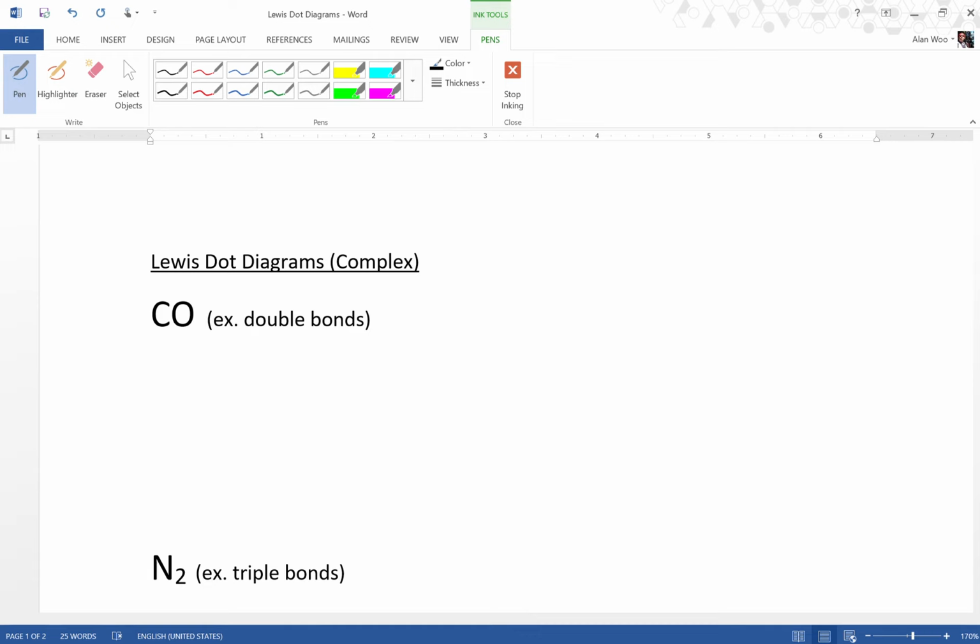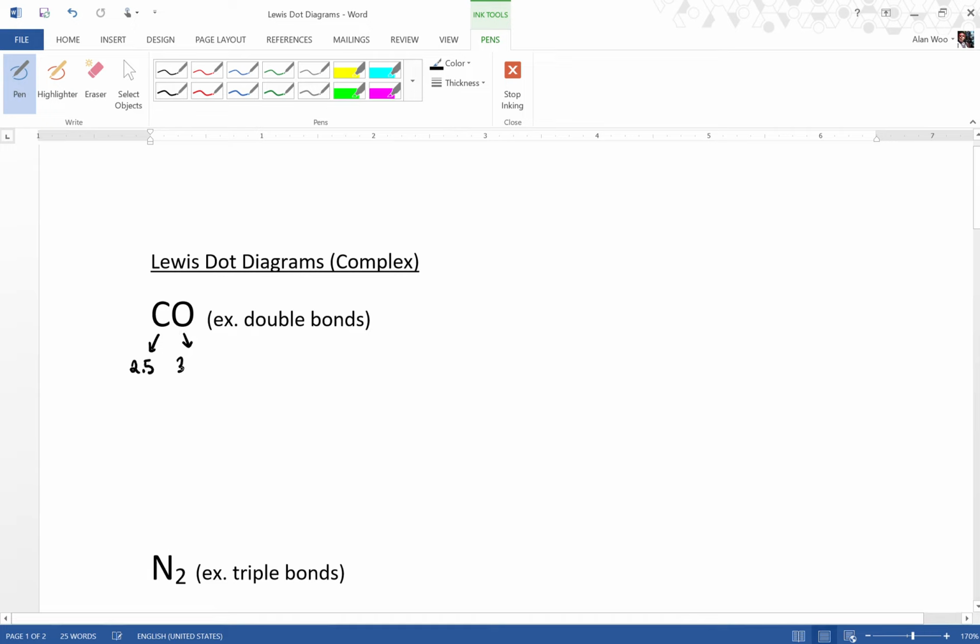So usually whenever we have a molecule, we want to predict the type of bond that exists by finding the difference in electronegativity. Just quickly, carbon's electronegativity is about 2.5.